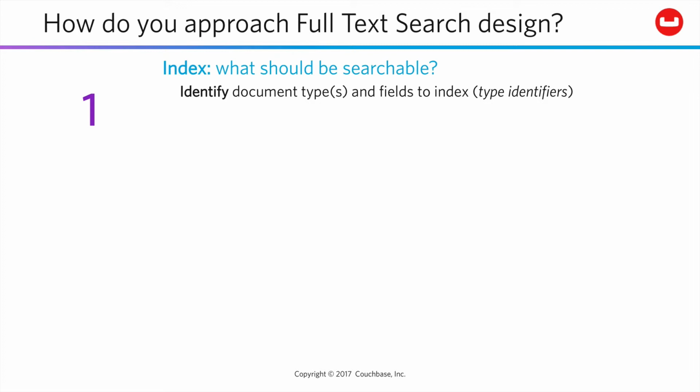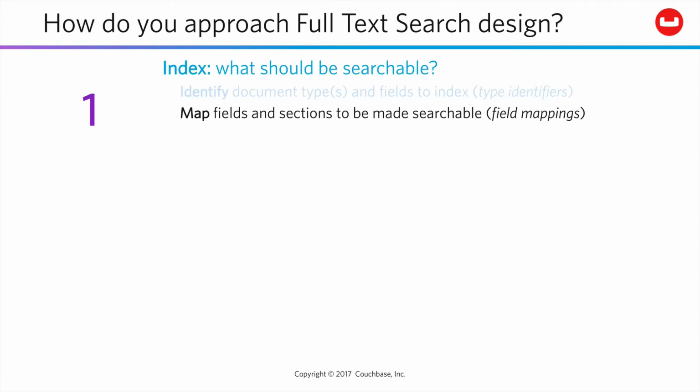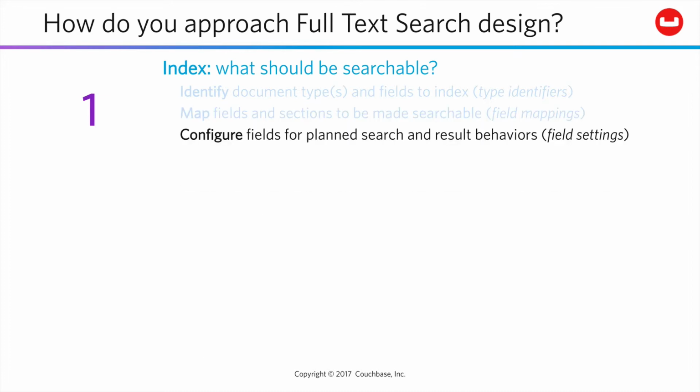You want to identify whether it is all your documents and all fields in your documents, or perhaps only those of one or more specific document types, and then you restrict your index using your type identifier. Then you map the particular document sections and specific fields to be indexed and searchable. Last, you'll configure the individual fields to be indexed for their particular search type, generally meaning text, numeric, date, or Boolean, as well as related behaviors such as whether field data should be stored in the index for retrieval directly with the results.